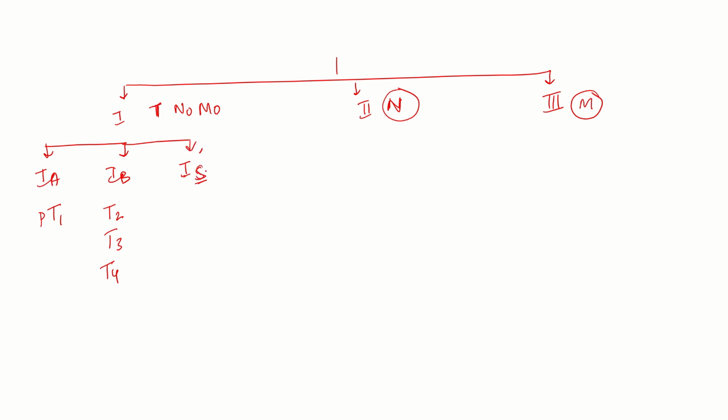In stage 1S, the serum markers are raised but with no tumor and no nodal metastasis or no distant mets. Just the serum markers are raised. Coming to stage 2, it is divided into 2A, 2B, and 2C.